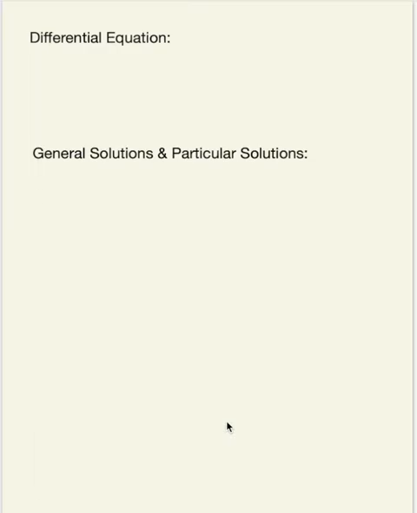Differential equations. I'm sure you've all seen differential equations before, so this is probably just a quick recap for a lot of you. Now, what is a differential equation?